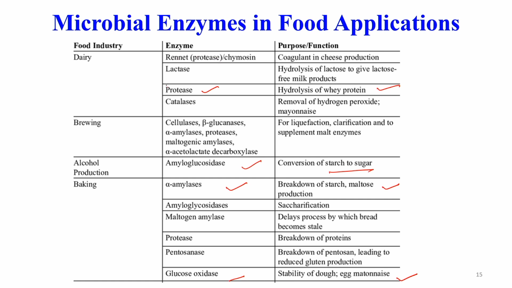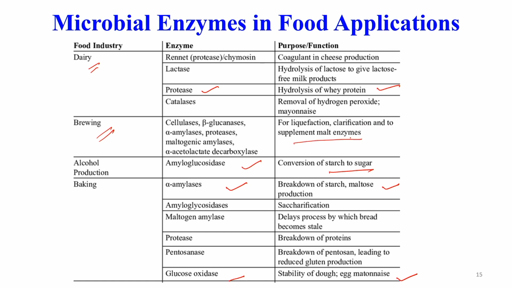Lactase, protease, and catalase are mainly important in the dairy industry. The cellulase, amylase, protease are mainly important in the brewing industry, where they are applied for liquefaction and clarification to supplement the malt.